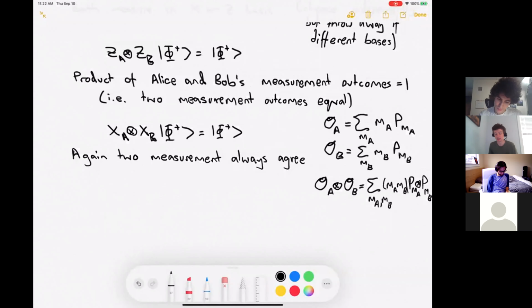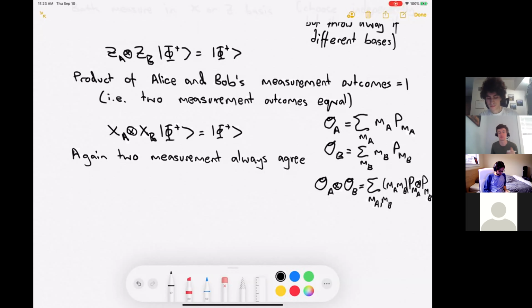So that means the fact that phi plus is an eigenstate of X tensor X means that if I add up all the projectors where MA times MB equals 1, then the state phi plus is preserved by the sum of those projectors.